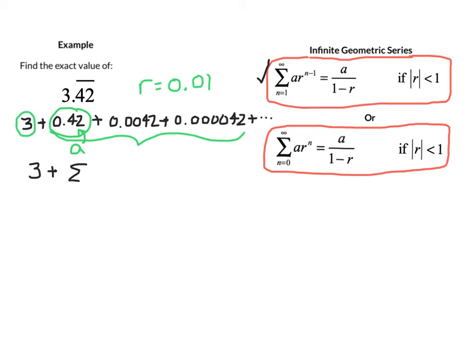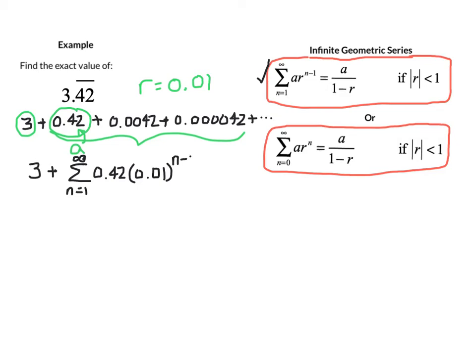So let's write this as the summation as n goes from 1 to infinity of 0.42 times 0.01 to the n minus 1.